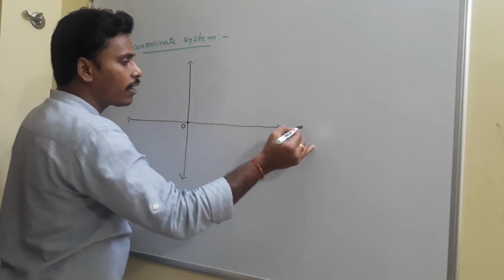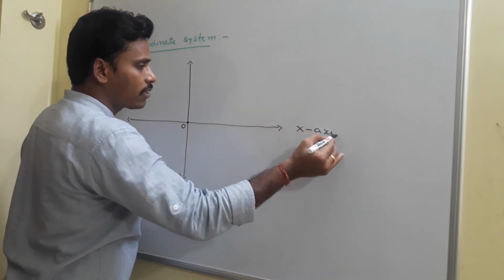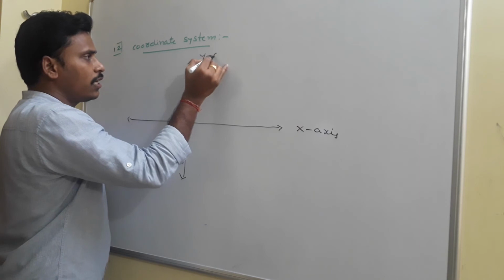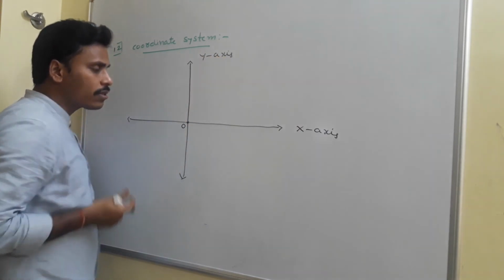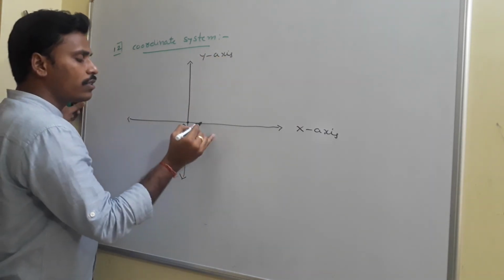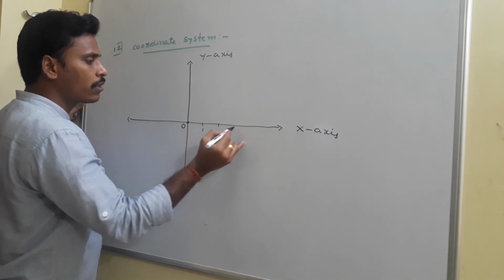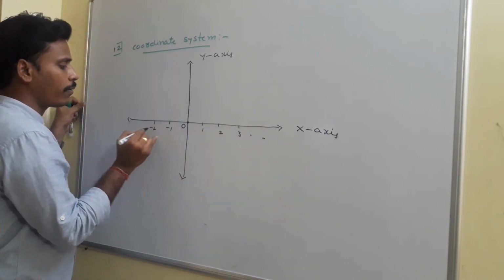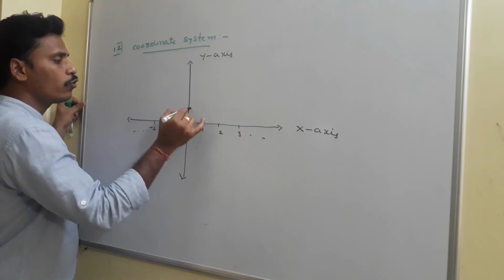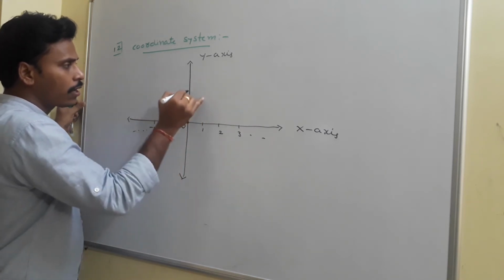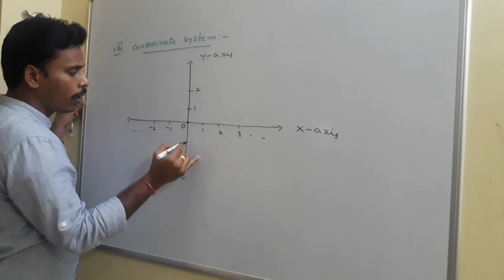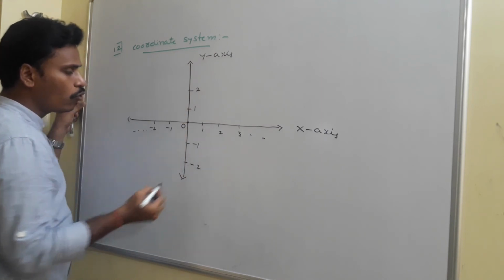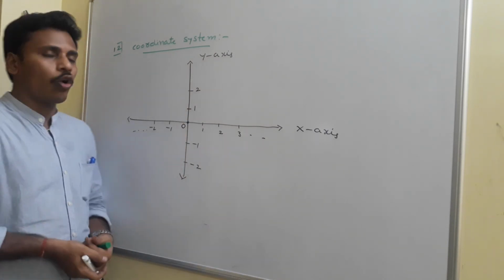Usually we call the horizontal line the x-axis and the vertical line the y-axis. On the x-axis we consider positive numbers towards the right as well as negative numbers towards the left. In a similar pattern on the y-axis, positive numbers as you move up, whereas negative numbers as we move down. This is basically the coordinate system.